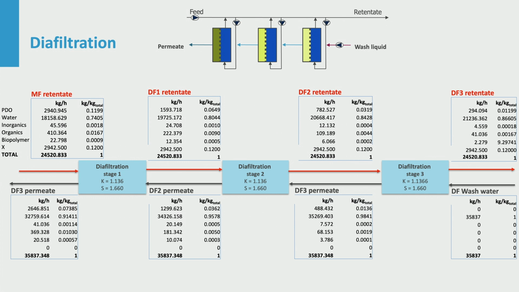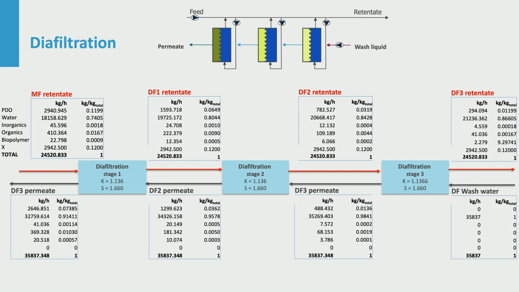For recovering 90% of the PDO that would be lost with cells, so not removing 10% from the microfiltration retentate, we can use the Kremser equation to calculate that we need a separation factor of 1.66. The equilibrium constant is a bit higher than 1 because we take the whole retentate flow, including dry cell mass that is excluded from partitioning.